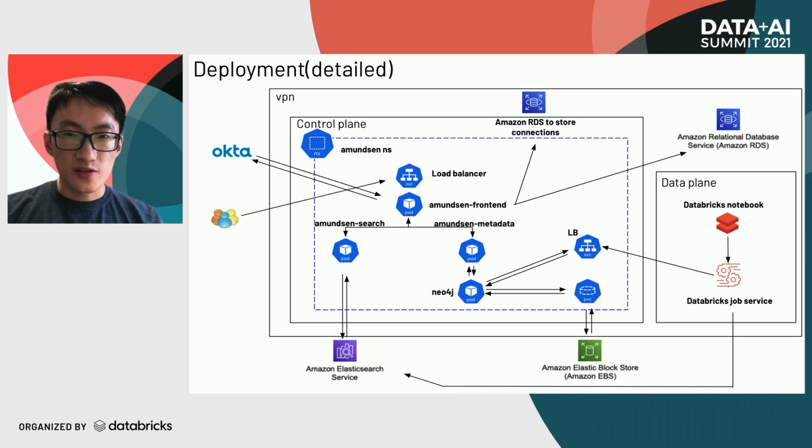Amundsen frontend is integrated with Okta to do end-to-end authentication. All Databricks full-time employees have permission to access this. More information about the OpenID Connect setup can be found in the Amundsen documents. The front-end service serves as the web app portal for user interaction. It is a Flask-based web app whose presentation layer is built with React, Redux, Bootstrap, Webpack, and Babel.